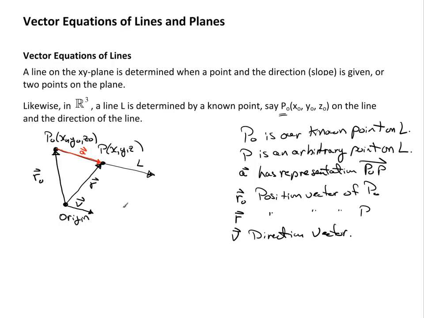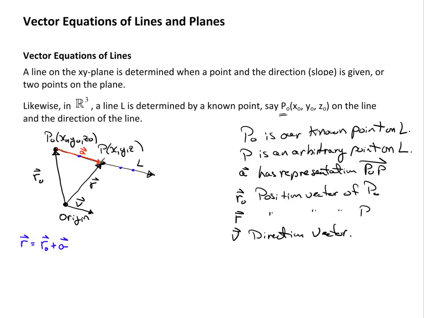Now, think about this for a second. I need to be able to describe any point on this line. I need this point, I need that point, I need that point. If we think about the triangle law, really, vector R can be written as vector R0 plus vector A. So I have R0, this position vector going from the origin to the known point.